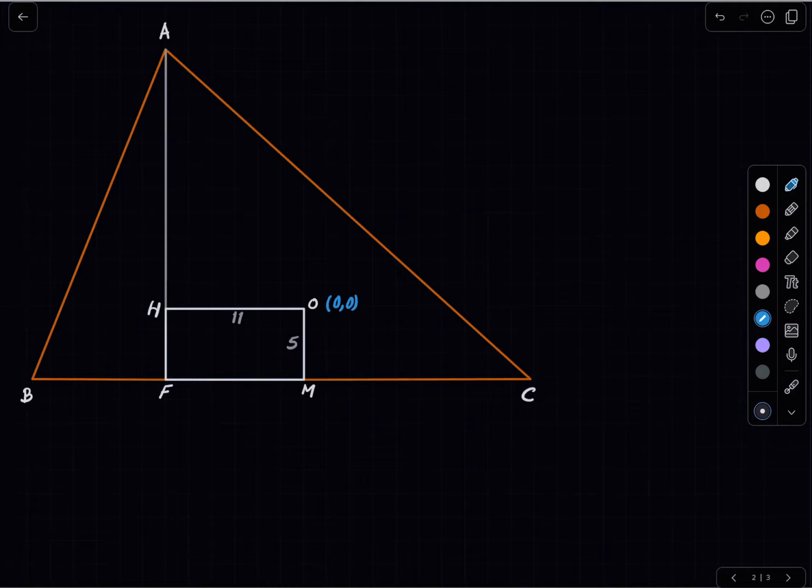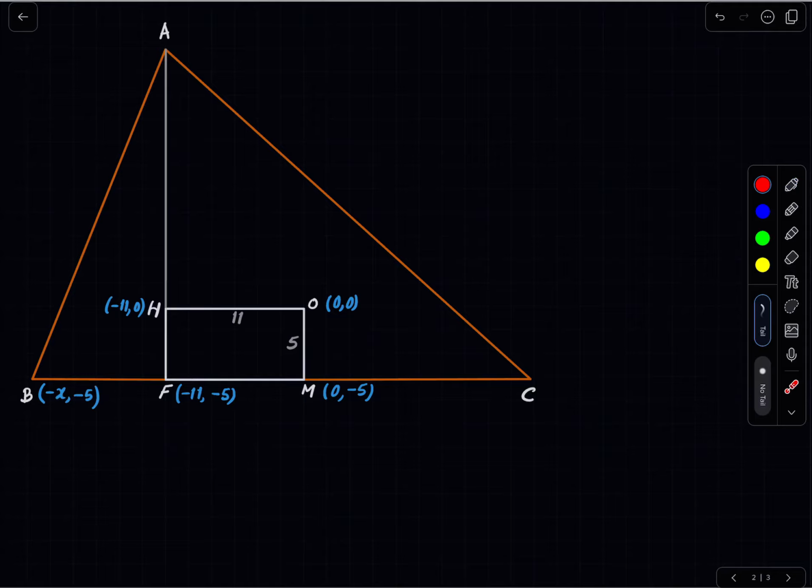The coordinates of H would be minus 11, 0. The coordinates of M are 0, minus 5. And that of F are minus 11, minus 5. Okay. Let's say the coordinates of B are minus x, minus 5.